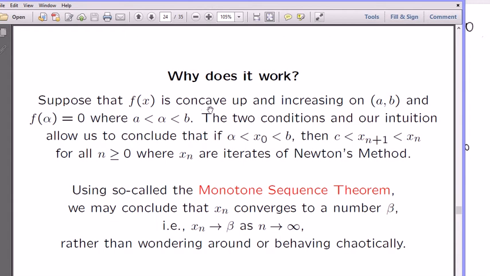Concave up? Does that make sense? Why is it concave up? What is greater than 0? F double prime, right? So I don't see the connection. How about increasing? You cross once at alpha, right?